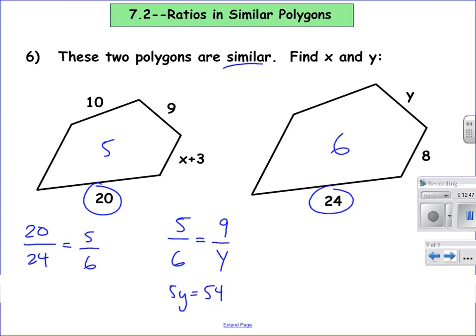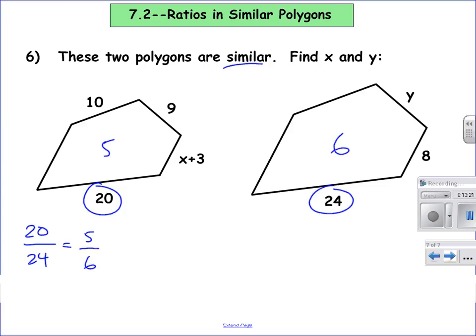Let's stay in the same figure. 5 is to 6 as 9 is to y. There we go.